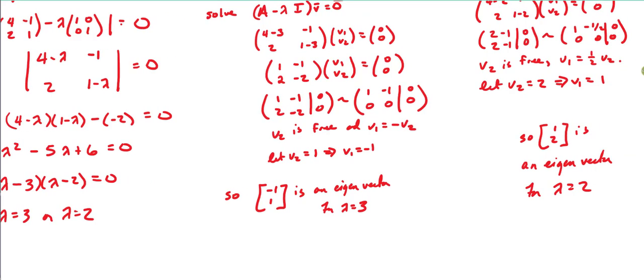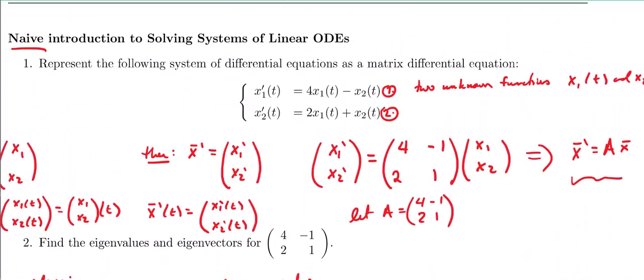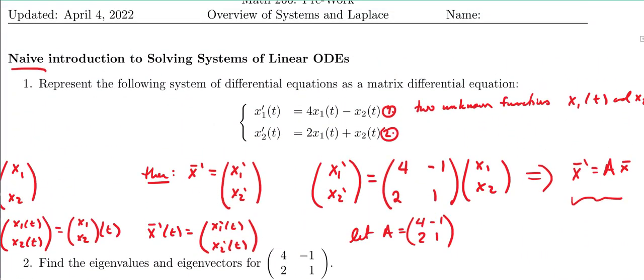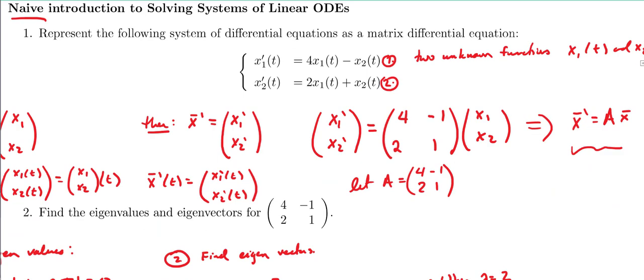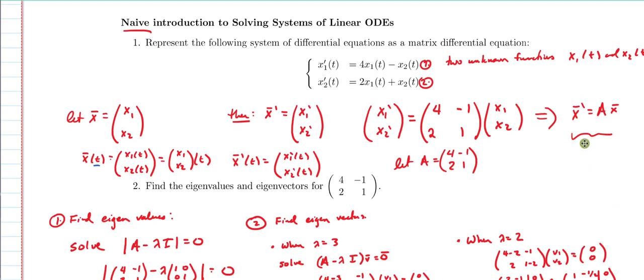But for right now, my goal was just to give you a quick overview for what we're doing when we solve these systems of linear ODEs. And in this case, we took the system of ODEs, we represented it here as a matrix equation.